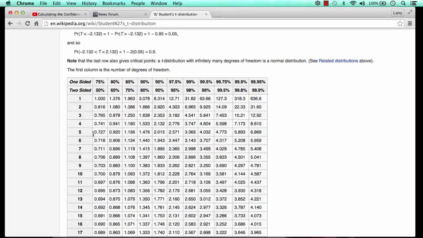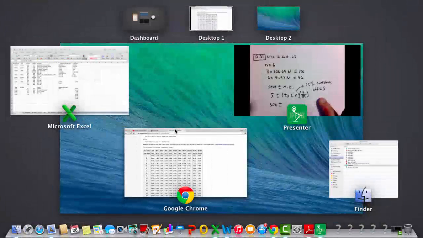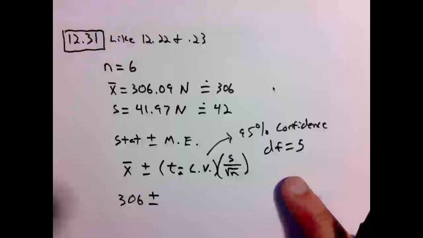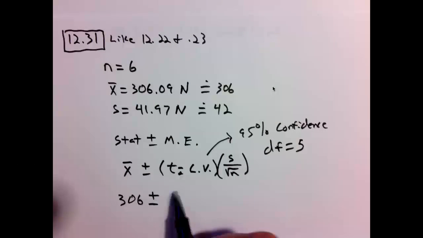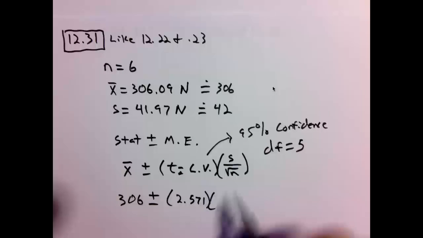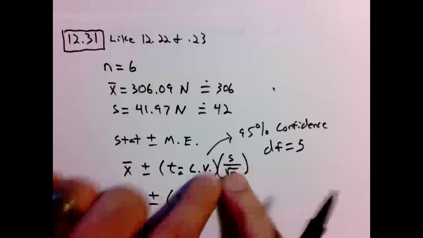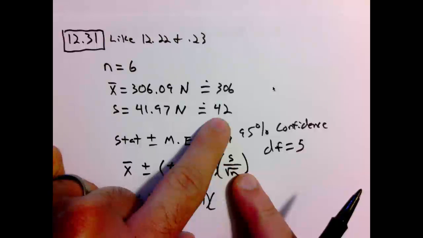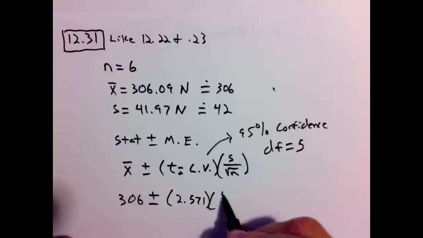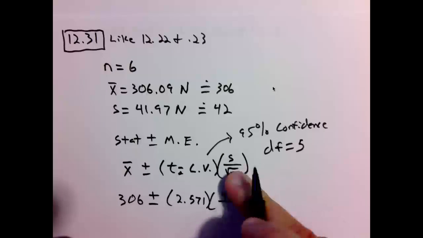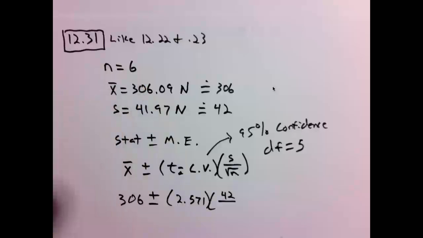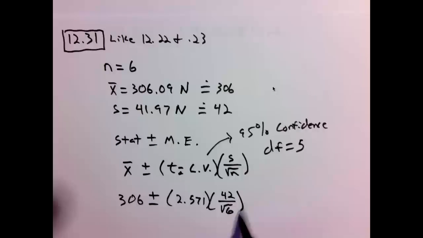It's the intersection of 5 degrees of freedom and our two-sided 95%, 2.571. So our t critical value is 2.571. Our sample standard deviation is 42. And our square root of n, that's our sample size, that is the square root of 6.